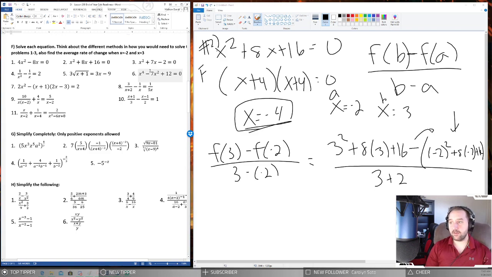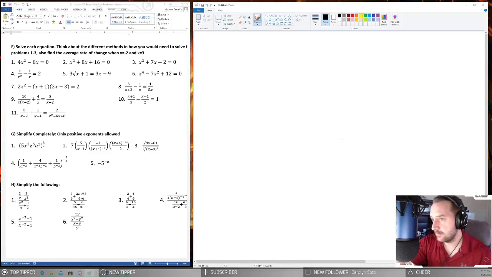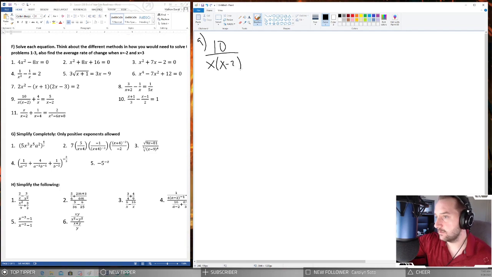All right, any of the other ones for part F? Let's look at maybe number 9. So we have 10 over x times x minus 2, plus 4 over x, equals 5 over x minus 2.